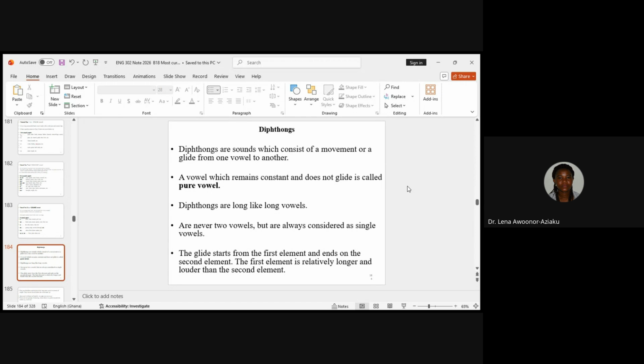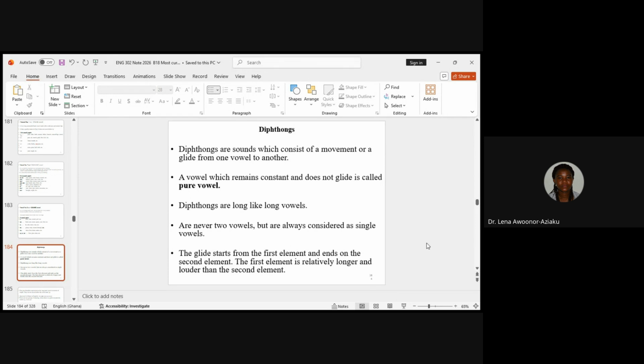For example, with a vowel like A, you hear the first part sounding louder than the ending part. So the glide starts from the first element and ends on the second element. The first element is relatively longer, louder and even higher in pitch than the second element.